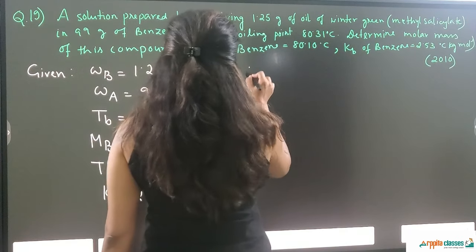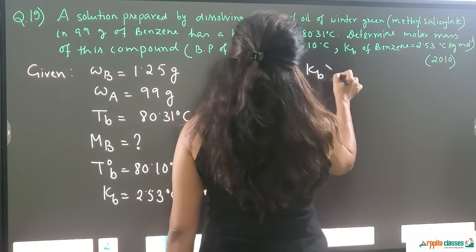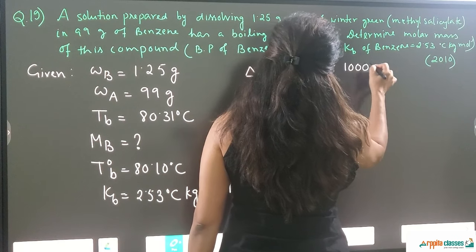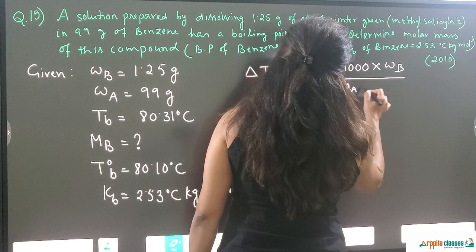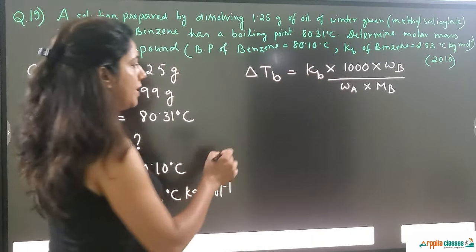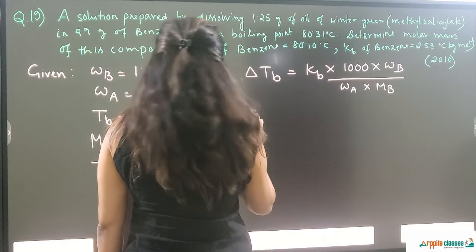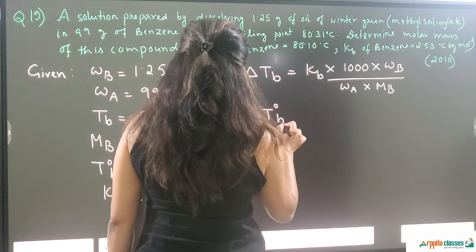First of all, we will write a formula. ΔTB = Kb × m, and m is 1000 × WB/(WA × MB). ΔTB is the boiling point elevation, that is the boiling point of the solution minus the boiling point of the pure solvent.